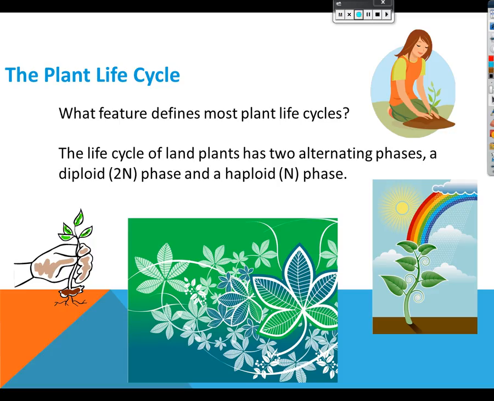The plant is going to have both the diploid phase. It shows you 2N because it has two sets, or both sets of gametes, okay? And it's going to have the haploid phase. Here's where we're basically only talking about the spores.